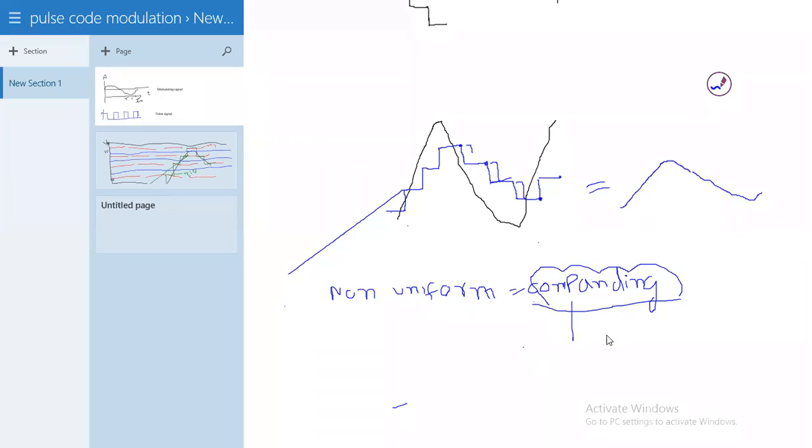So compounding is a combination of two processes. One is compression, please note it down, and the other one is expansion.